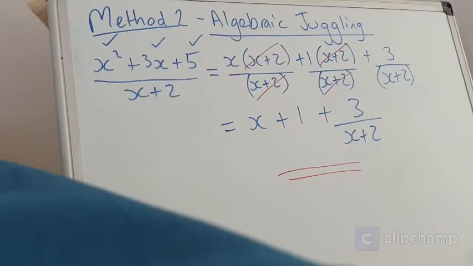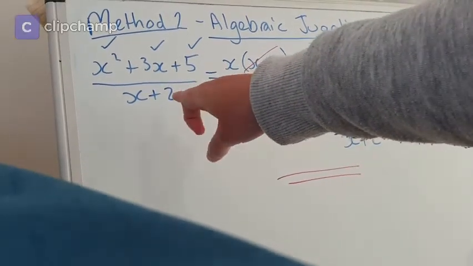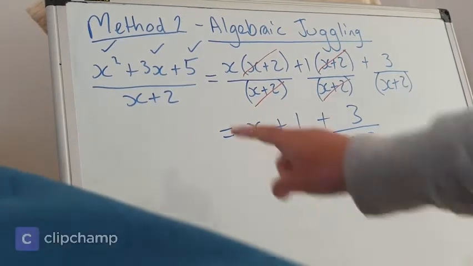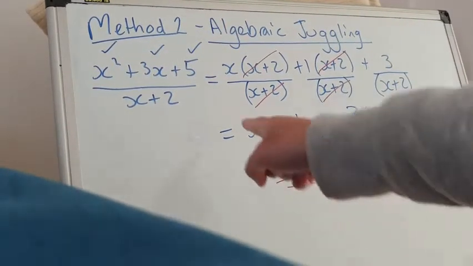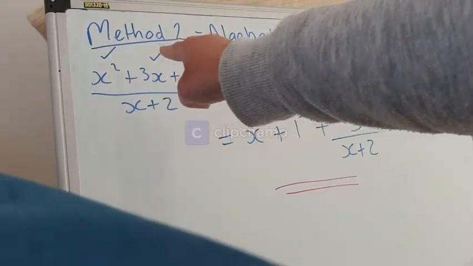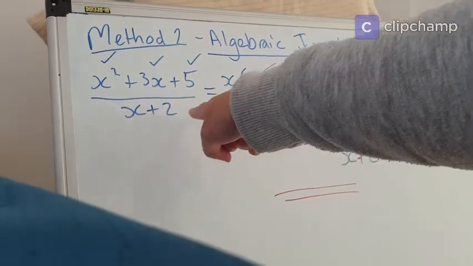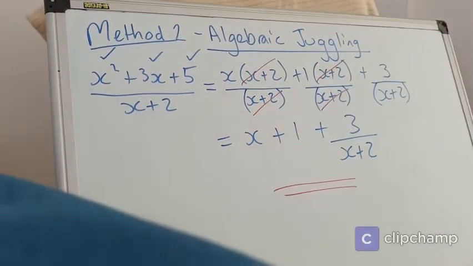So just to go through algebraic juggling again, you're trying to see, just like division, how many times the denominator divides into the numerator. You take the numerator a term at a time and see how we can use the denominator to get that term. If we multiply the denominator by x, that gives us the first term of x squared.